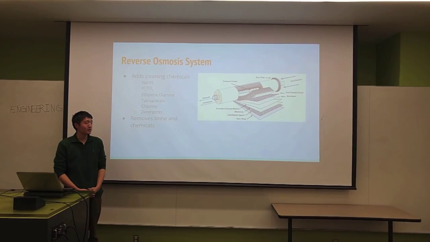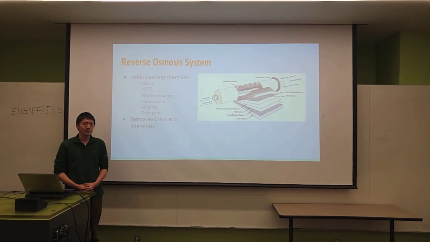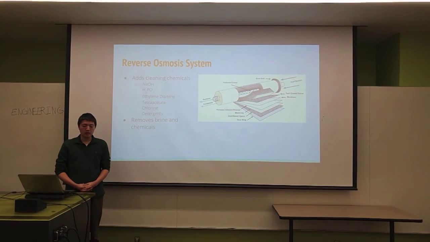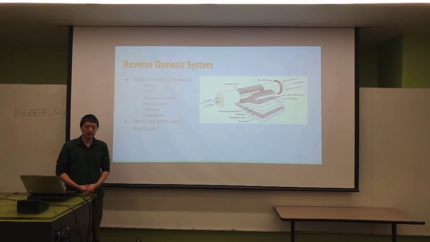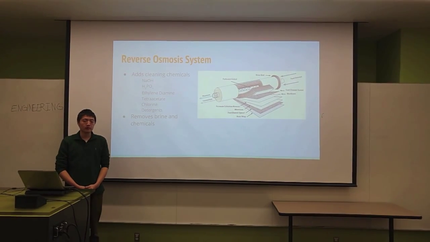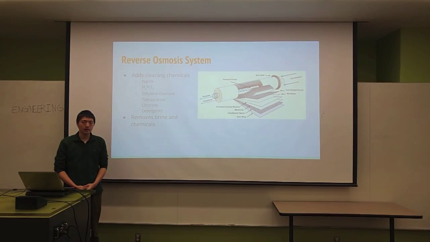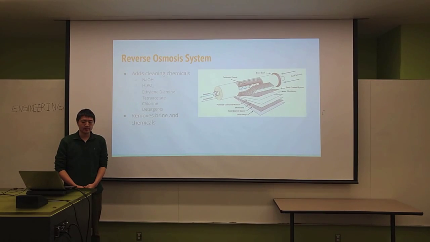So before the water enters the reverse osmosis membrane, the system will add cleaning chemicals such as the ones displayed above, and this will further purify the water in order to reduce biological fouling and scaling.